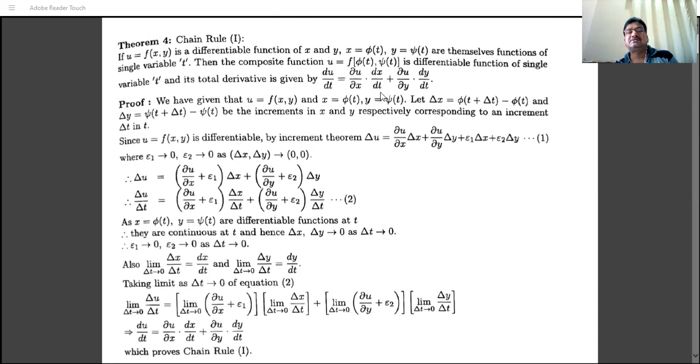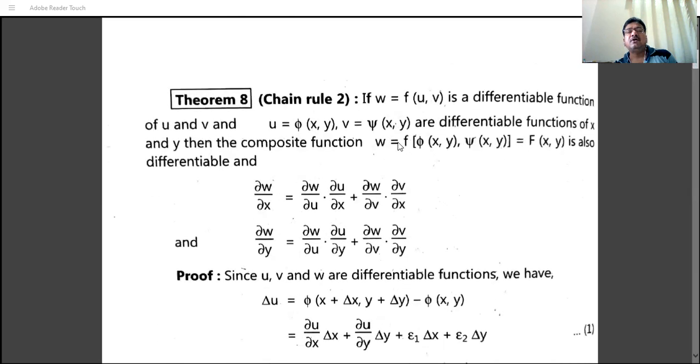Okay, the second form of the chain rule: if w is equal to f of u, v is a differentiable function of u and v, and u and v are differentiable functions of x and y, then the composite function w is equal to f of phi(x,y), psi(x,y) is also differentiable, and dou w by dou x is dou w by dou u into dou u by dou x plus dou w by dou v into dou v by dou x.